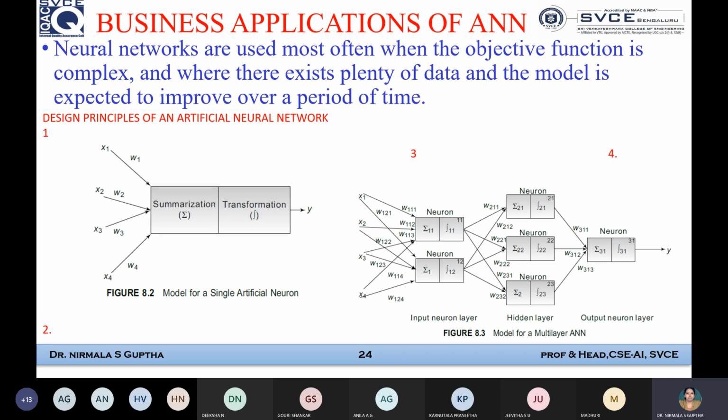Inputs are given to the artificial neural network, and the resultant outputs will be given out from y. So y is your output, x is your input, and w1, w2, w3, w4, etc. are the weights used for the non-linear weighted computations done on the input received from the preceding neuron or preceding element.